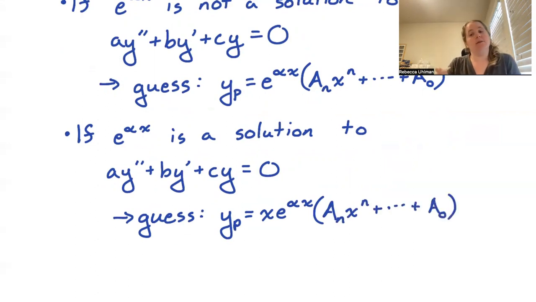So we've raised the degree of every single term by x. That way we still will have n plus 1 coefficients to solve for, n plus 1 equations for matching our coefficients.